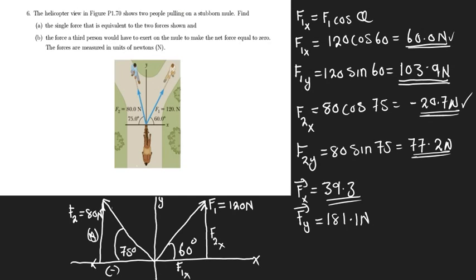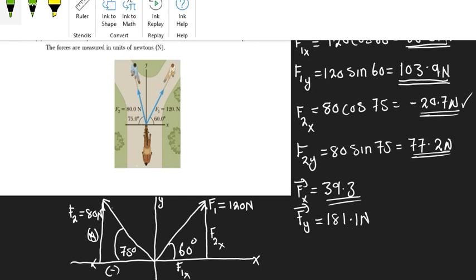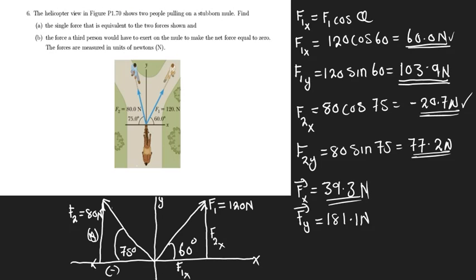So upon getting all the forces, we can now find the resultant. Okay, to calculate the resultant, we are going to say that F is going to equal Fx power 2 plus Fy power 2.